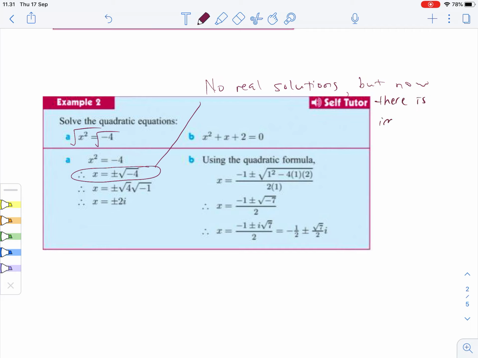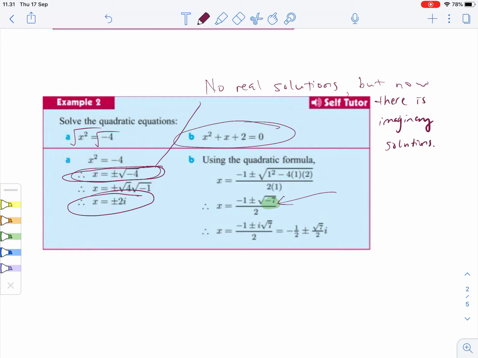So now when we get to this point, we don't stop. We say, okay, well, the square root of negative 4 is just x is plus or minus 2i. The same thing you can see here in b. If I use the quadratic formula, you get to this point right here, negative root 7, and previously in quadratics, if I had a negative number there, I would again say, oh, I have no real solutions.